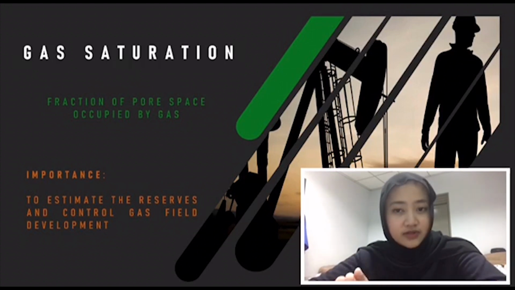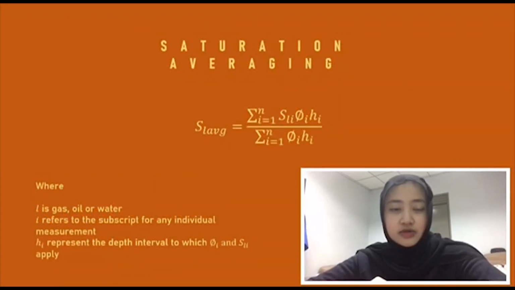Next is saturation averaging. Proper averaging of saturation data requires the saturation values be weighted by both the interval thickness and interval porosity, as both approaches use per volume weighting in averaging saturation.